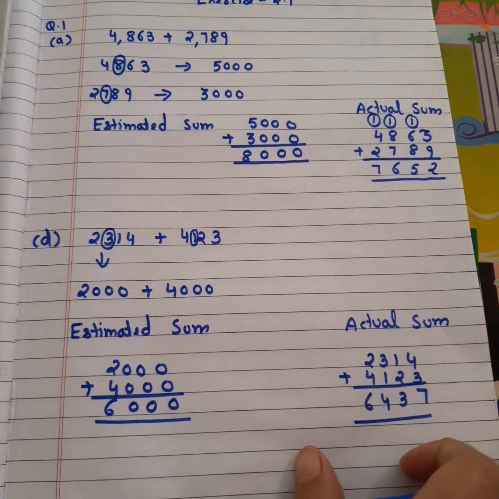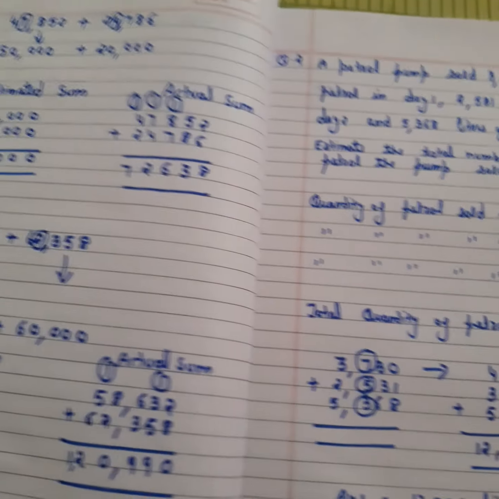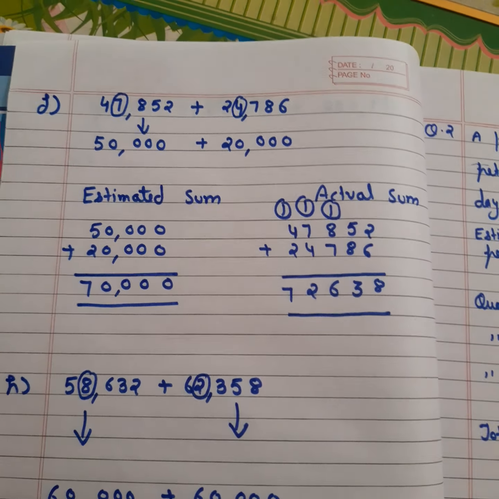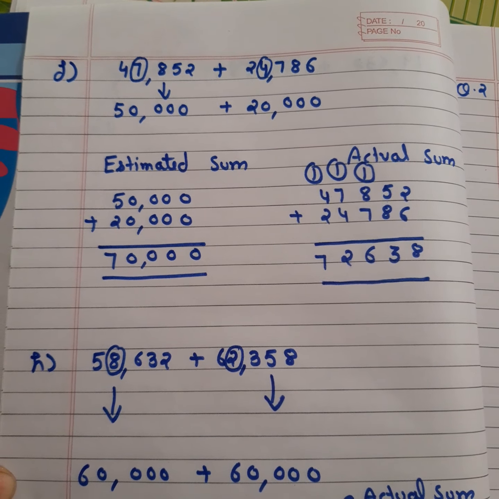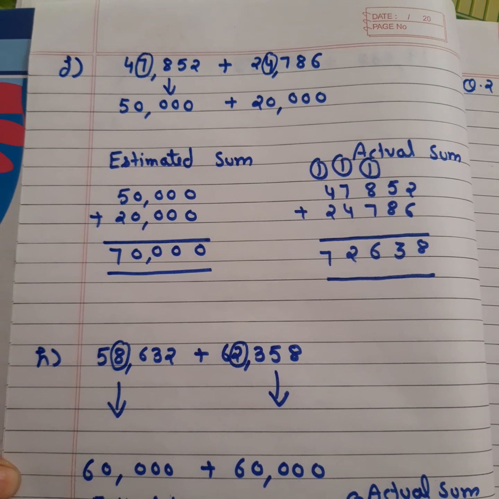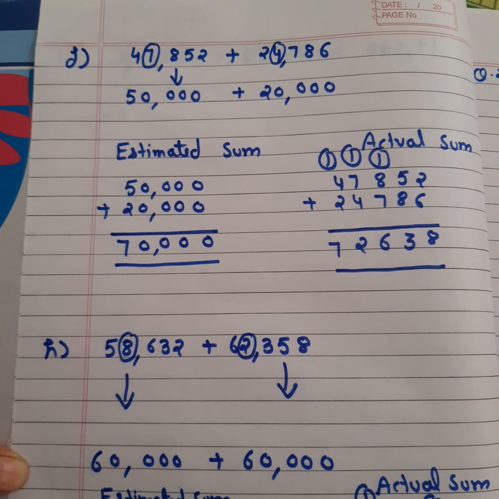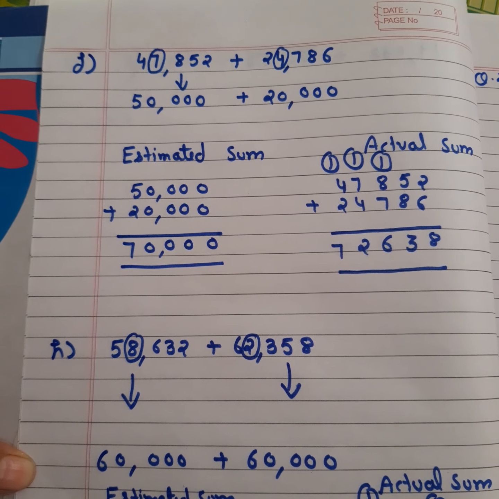Okay, so now the F part of this question. What is there in the F part? See, we are given two numbers, 47,852 and 24,786, and we have to calculate the estimated sum and the actual sum of these two numbers.